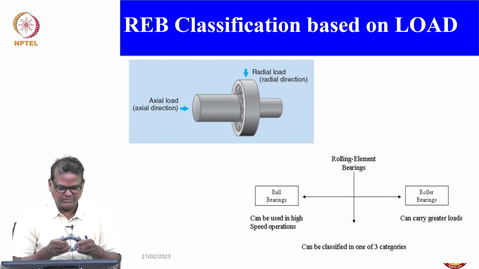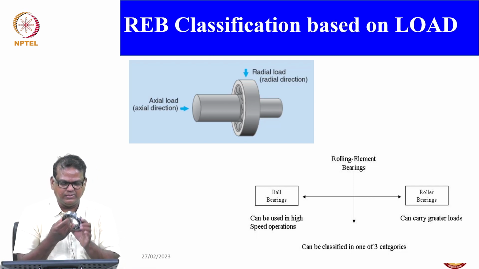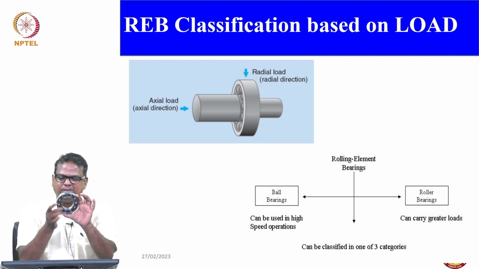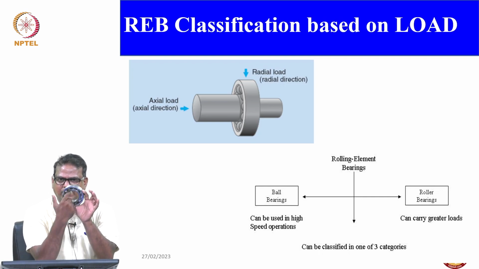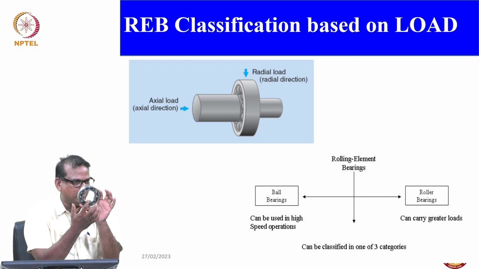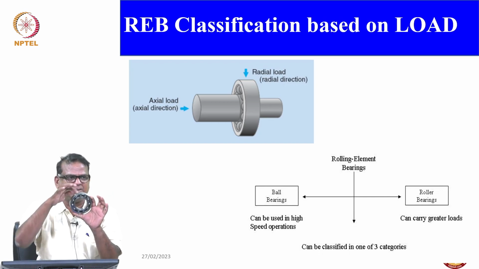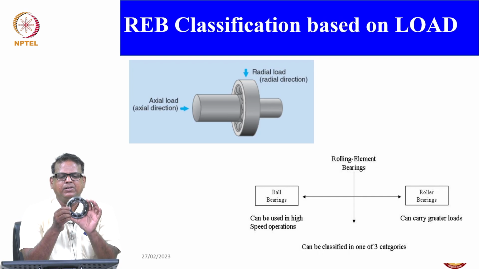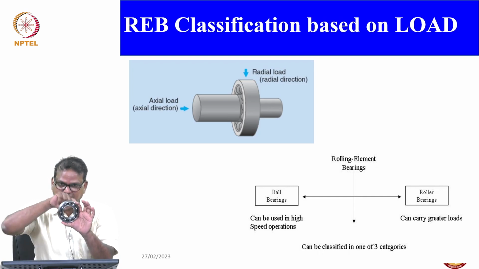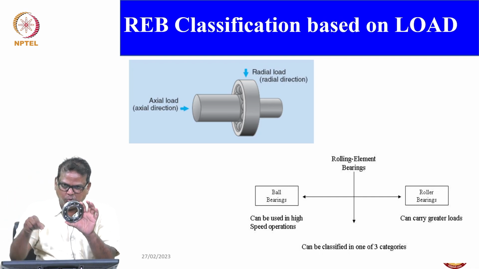You can see this. This is actually a deep groove ball bearing. Usually this is called inner race or bore diameter. This is your outer race. You can see there are balls inside. There is a passage also, that is why it is a groove.